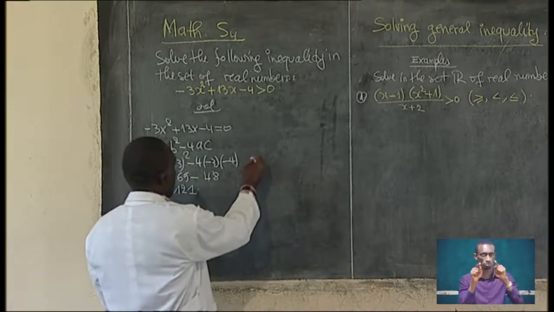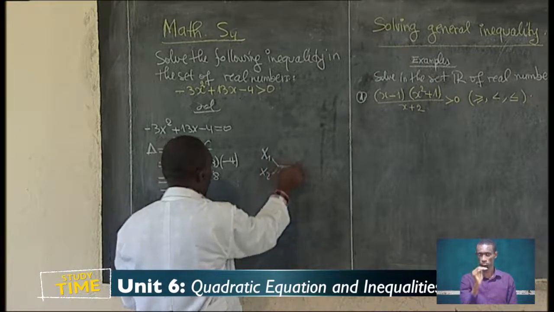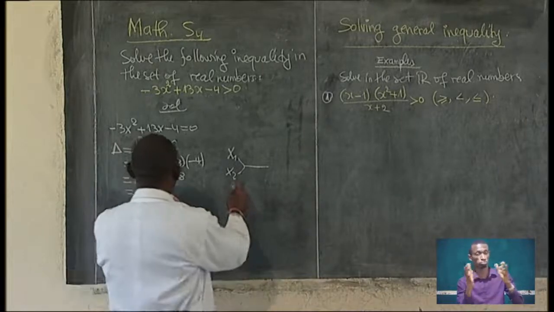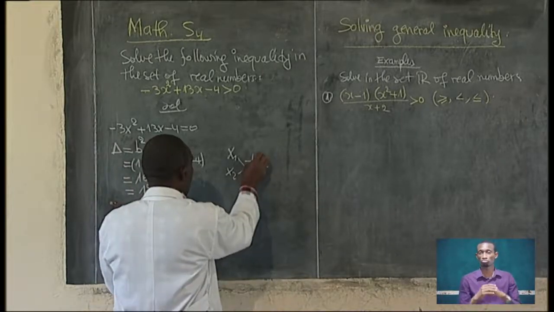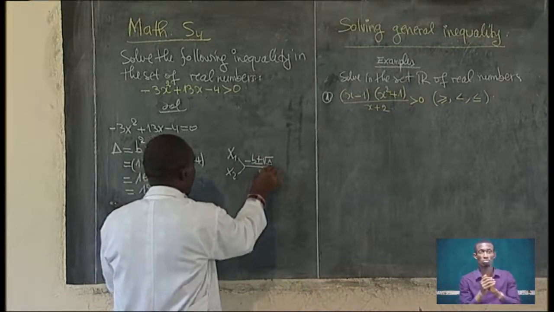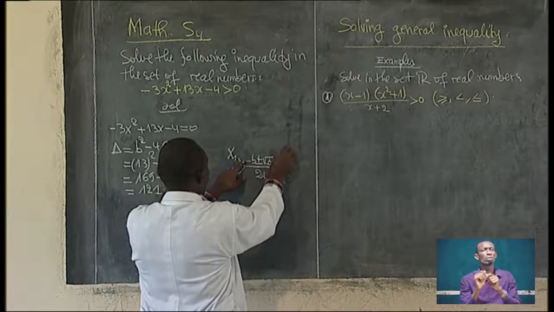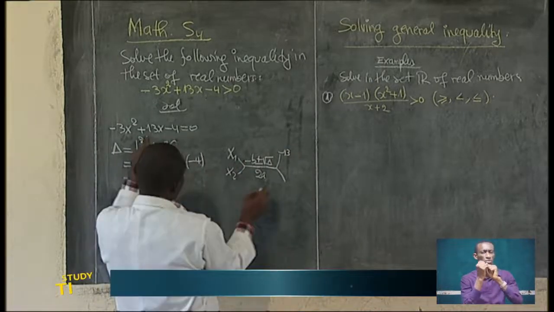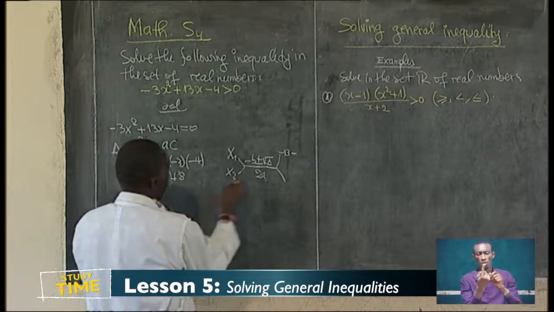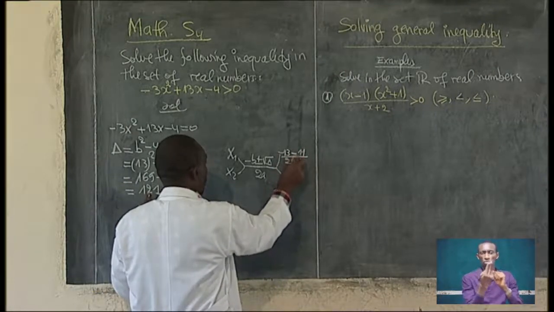And you know, the roots x1 and x2, as the discriminant is greater than 0, I have two roots: minus b, plus or minus root of discriminant, divided by 2 times a. This will be minus 13 minus square root of 121, which is 11, divided by 2 times minus 3.